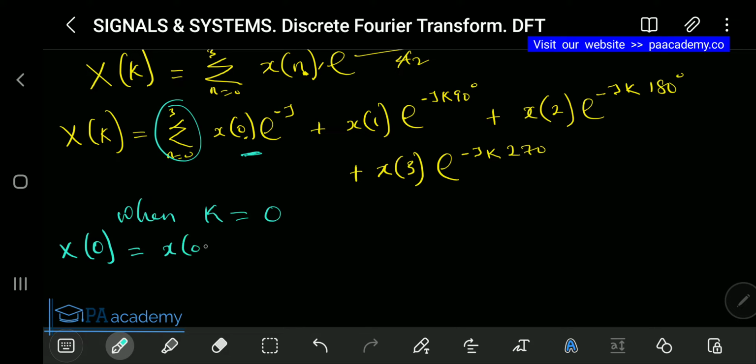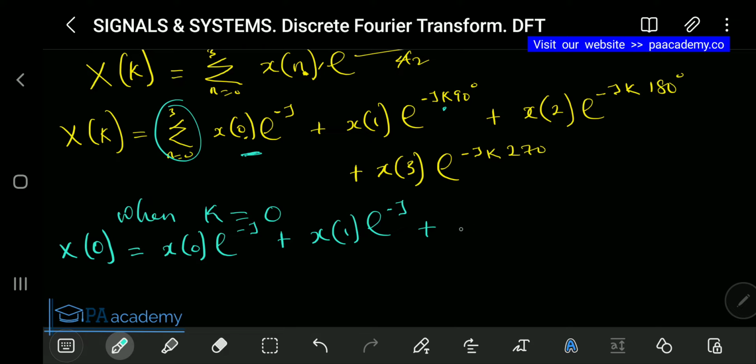So that's x of 0 exponential minus j plus x of 1 exponential. Now for this, we already know that k is 0. Since the value of k is 0, what we are going to be having here is just exponential minus j, because k is 0 here.